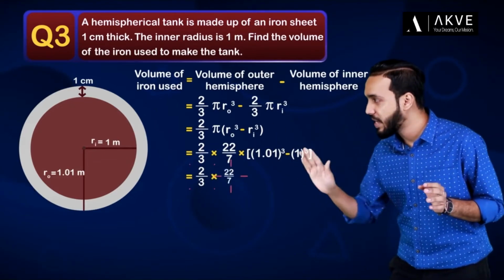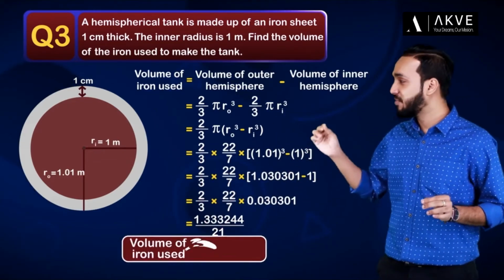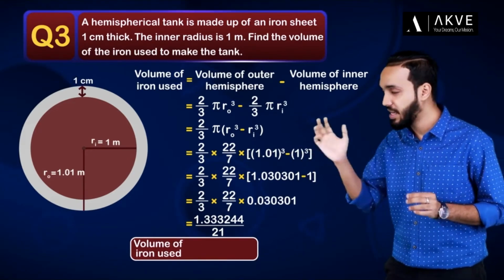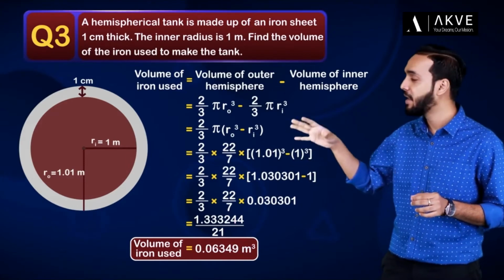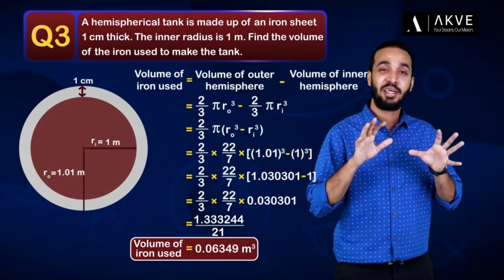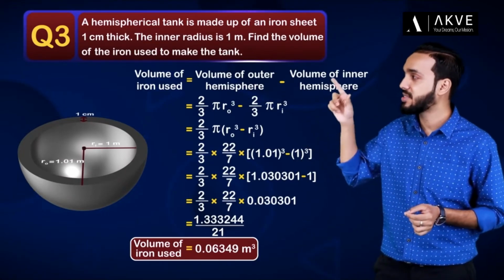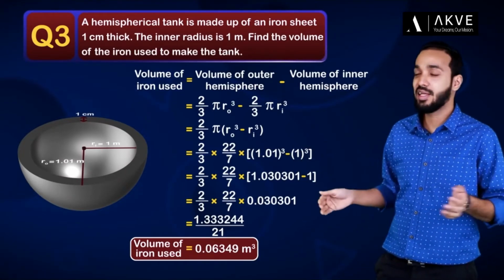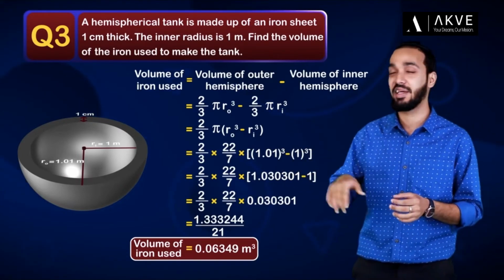On multiple levels of simplification, we finally arrive at the volume of the iron is equal to 0.06349 cubic meters. So basically, the volume of iron used in making this hemispherical tank is 0.06349 cubic meters.